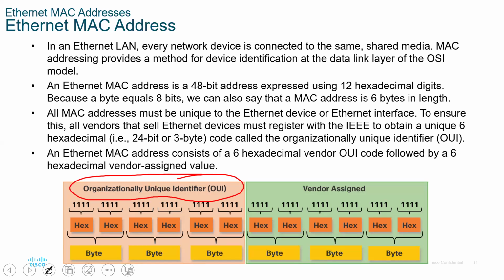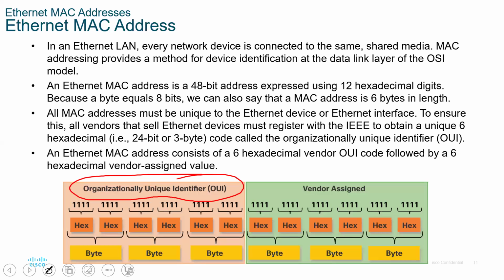The organizationally unique identifier is a 6 hexadecimal digit value that is only unique to that organization or company or vendor that is producing that particular network card. Okay, so every vendor has its own unique identifier.